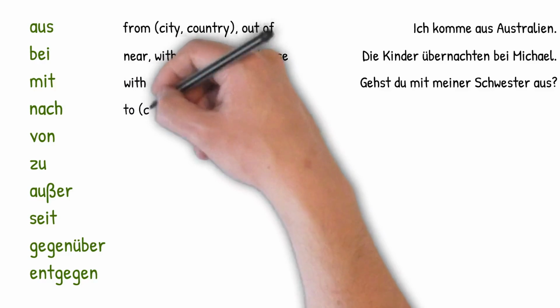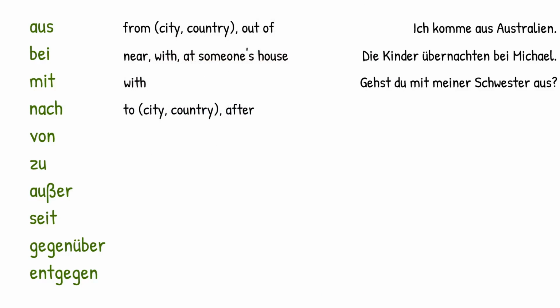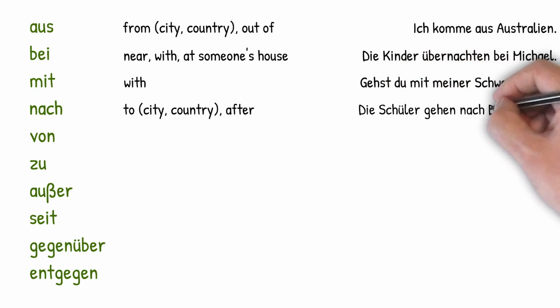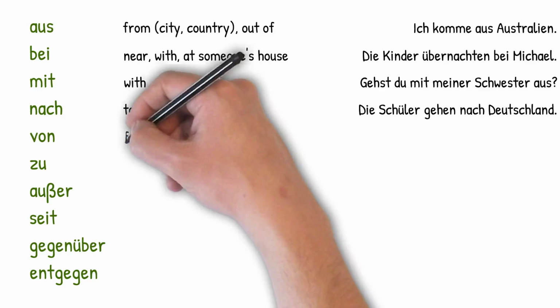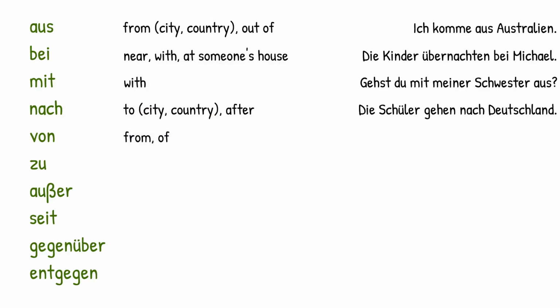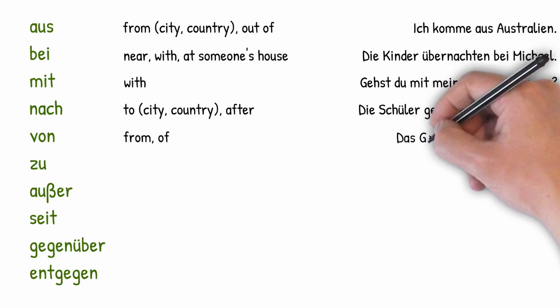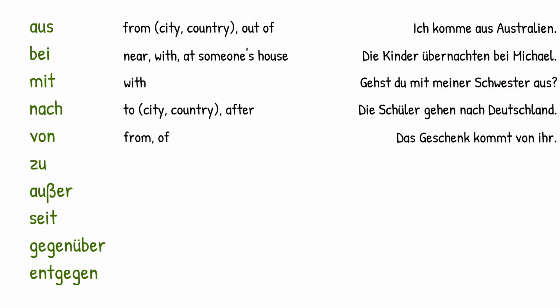Nach means to a city or country, or after in terms of time. For example, die Schüler gehen nach Deutschland. The students are going to Germany. Von is the regular word for from or of. For example, das Geschenk kommt von ihr. The present comes from her.